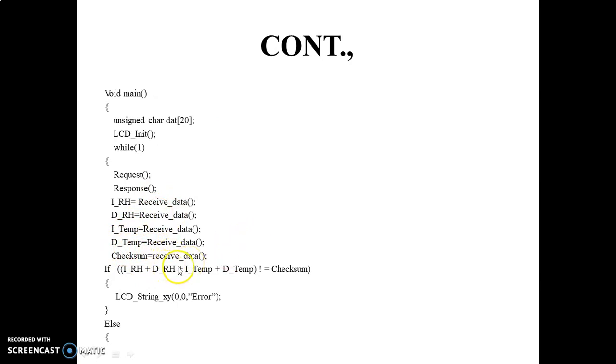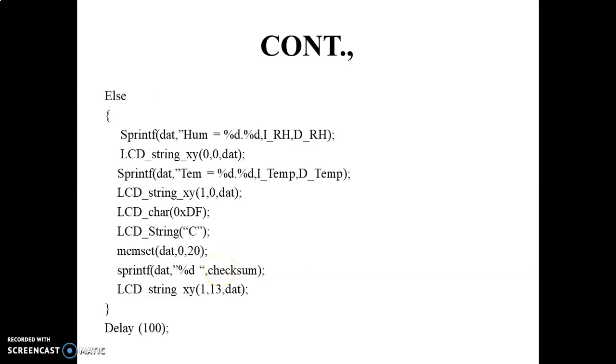So after storing these values and receiving the required response, it displays the received data on the LCD 16x2 along with the error indication.